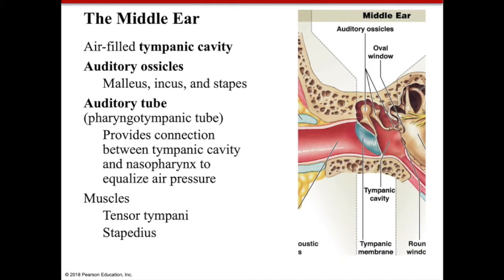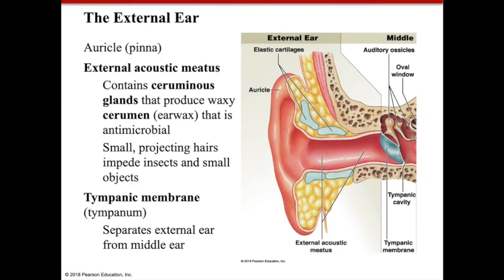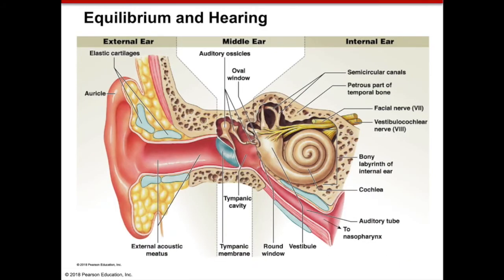The middle ear is connected with the pharynx through the pharyngotympanic tube, or sometimes called the auditory tube, or sometimes even the eustachian tube. I cropped this picture so you don't see the tube very well, but I'm going behind to show you the tube clearly here.